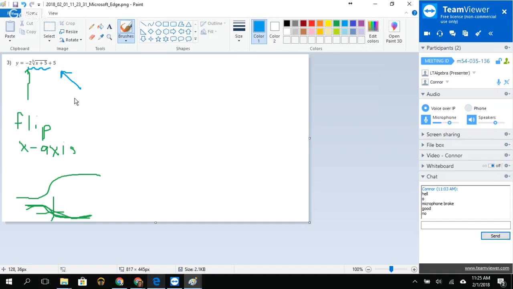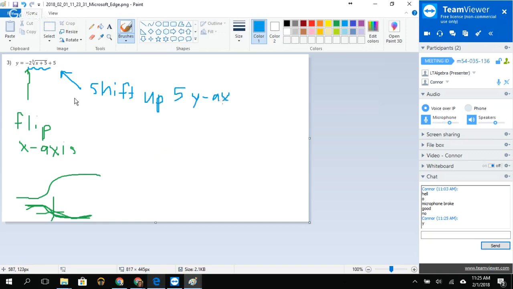Do you remember, Connor? Y. I agree with you, right? It's going to shift it up on the y-axis because it's just like you're adding 5 to the whole value. So this is going to shift up 5 on the y-axis.